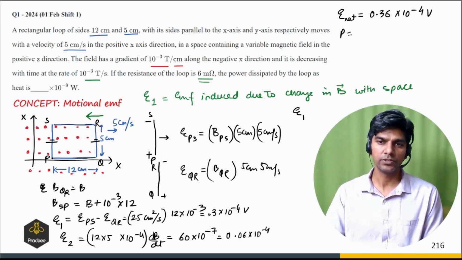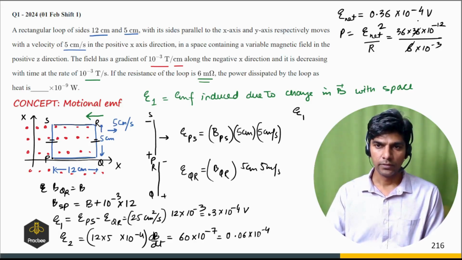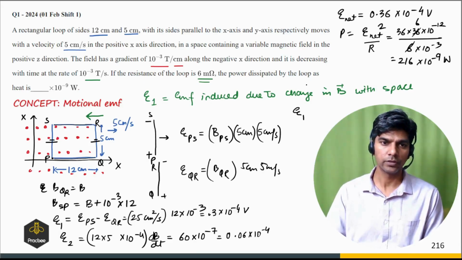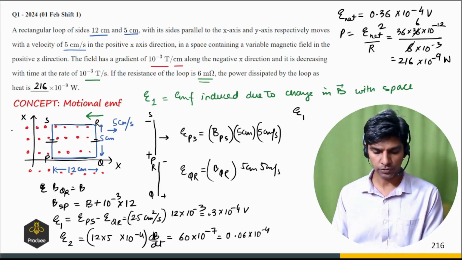So power dissipation will be E net square by R. That will be 36 times 36 times 10 raised to minus 12 divided by R, which is 6 into 10 raised to minus 3. So that will be 6. So it will be 216 times 10 raised to minus 9 watt. If you look at the blank here, it should be 216, right? So that is the answer of this question.